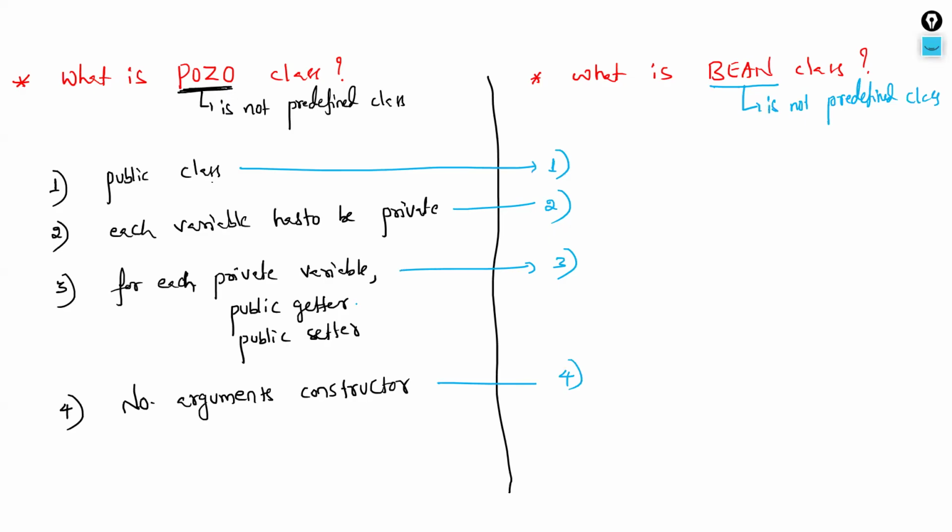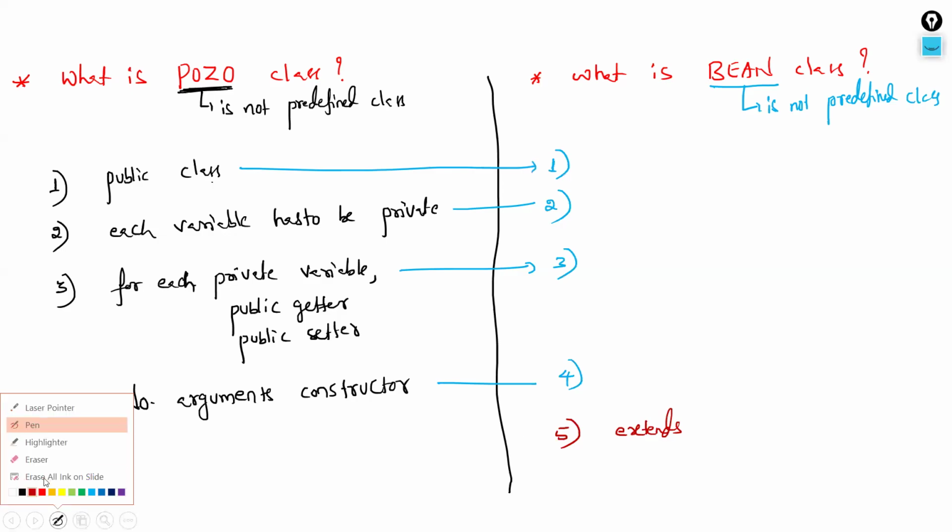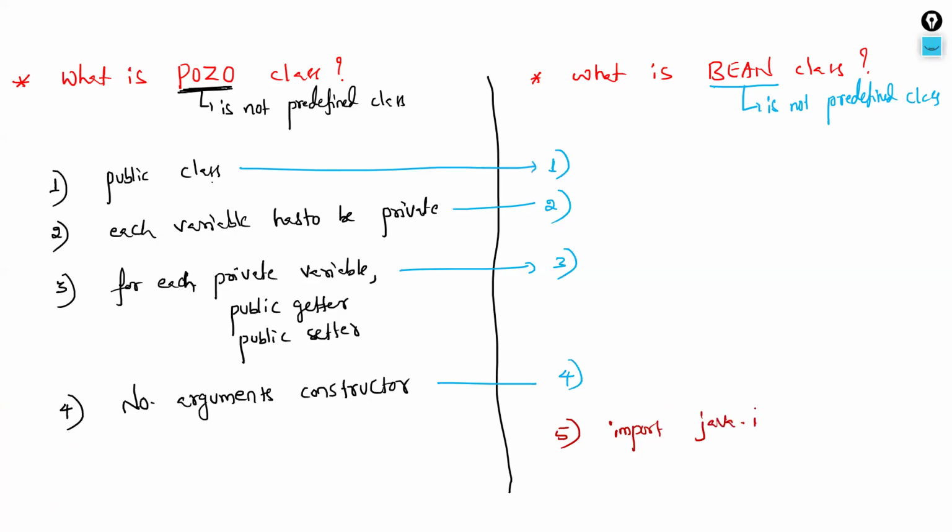Then why is it called a bean class? The extra property here is that this class has to implement java.io.Serializable.